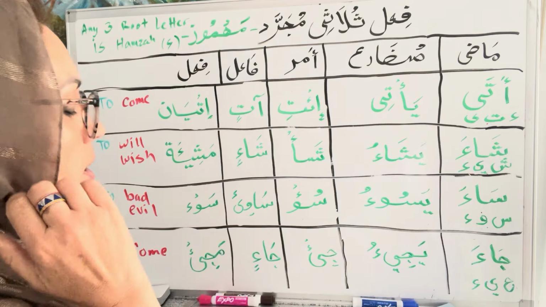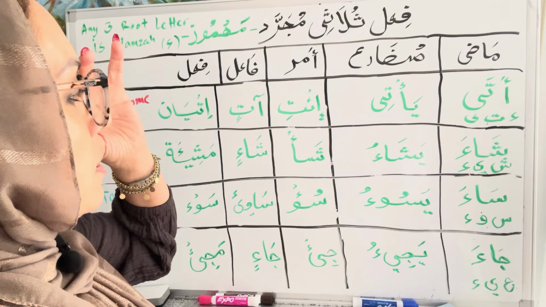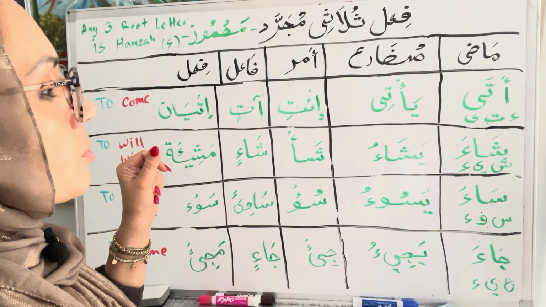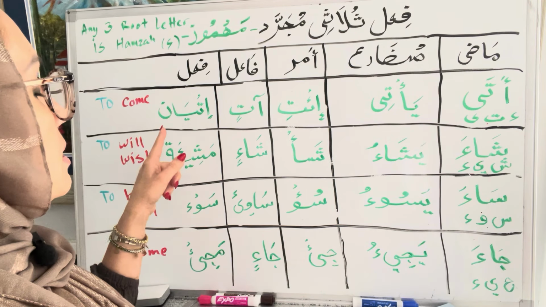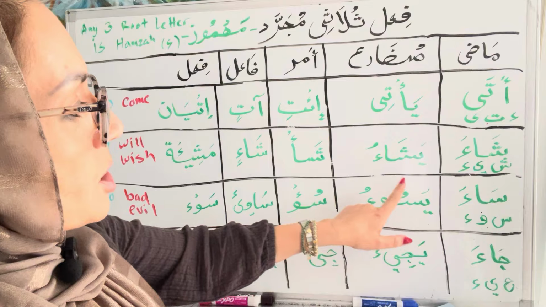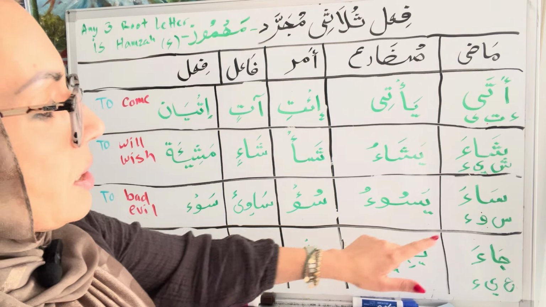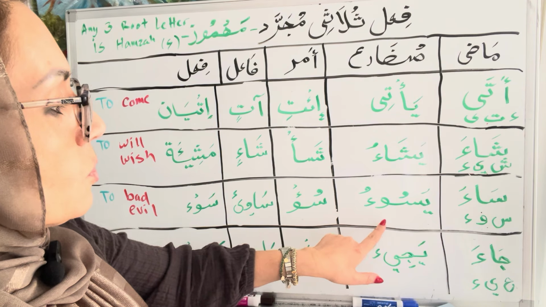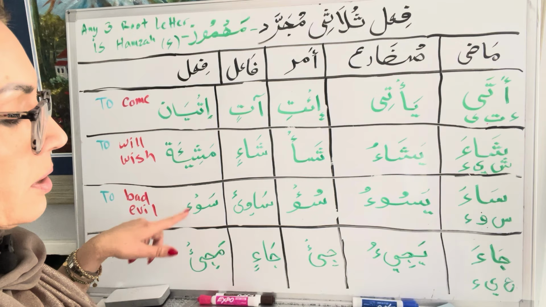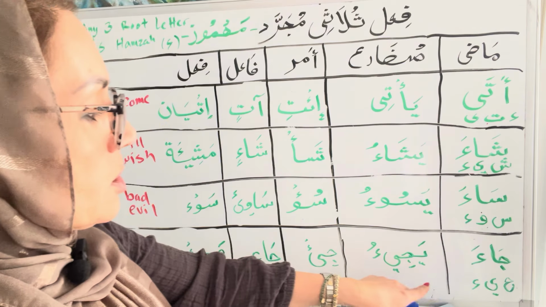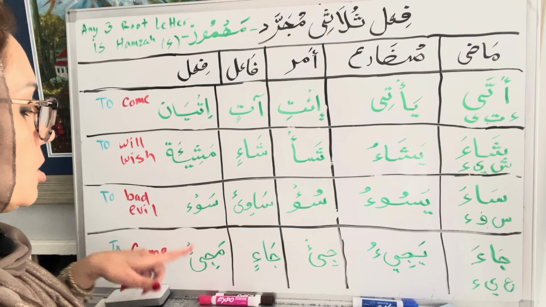But overall, we want to focus on the madi, mudari, amr version of it. So we have ata, ya'ti, i'ti, atin, ityan, and then sha'a, yasha'u, sha'in, mashiya, sa'a, yasu'u, su, sawi, saw. And we have ja'a, yaji'u, ji, ja'in, and maji.